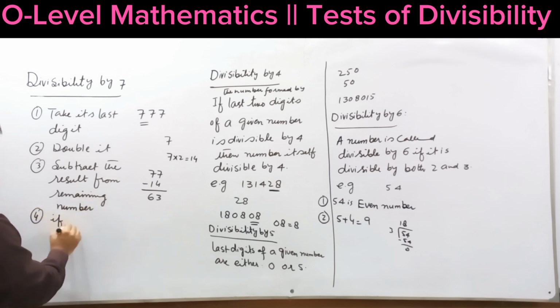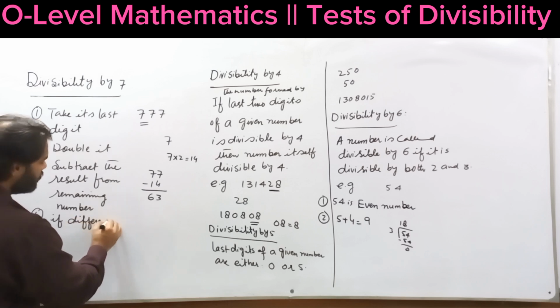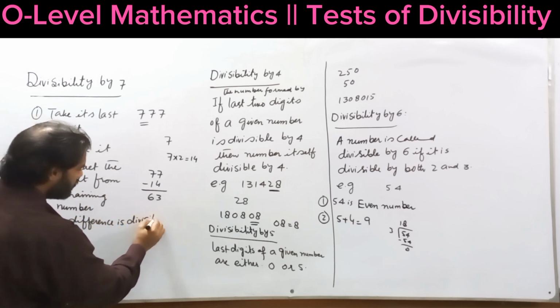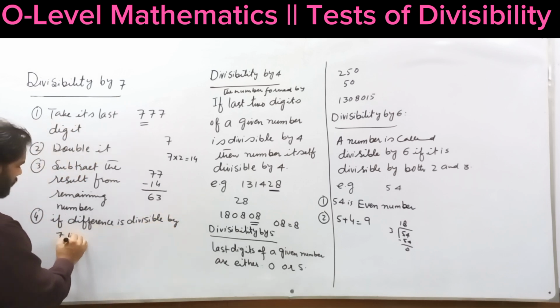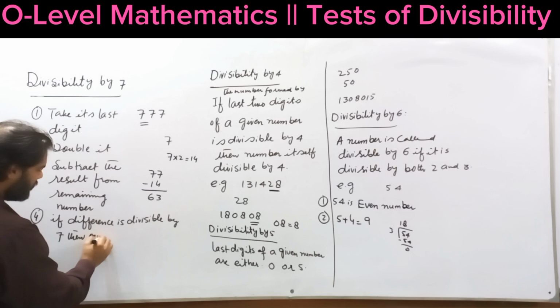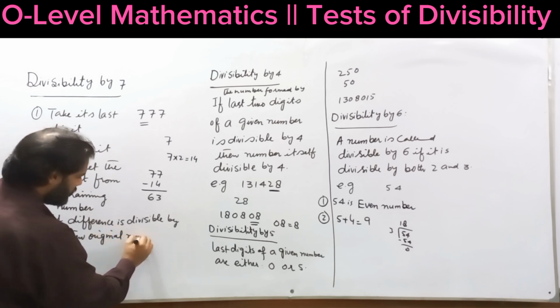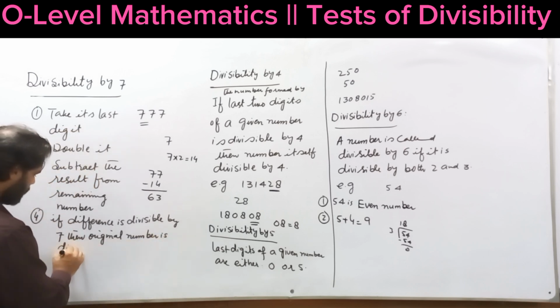If the difference is divisible by 7, then the original number is divisible by 7.